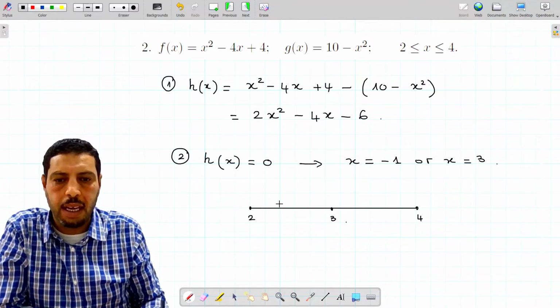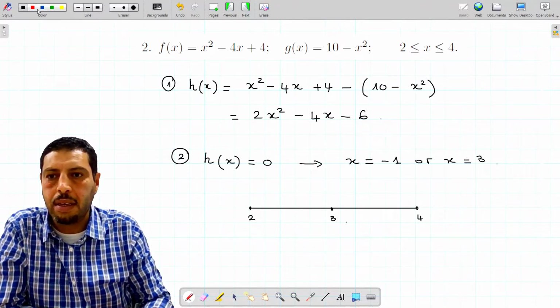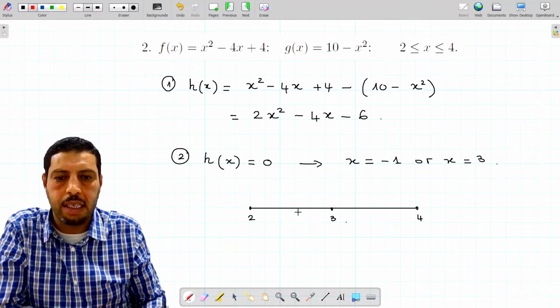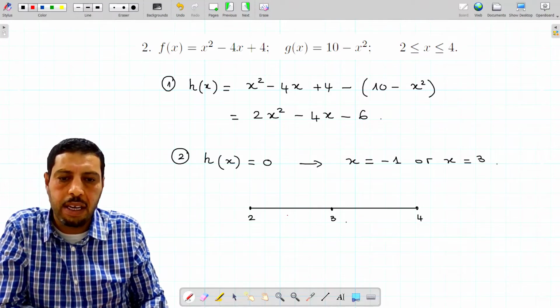Of course, you can take any test point. You can compute, for example, h of 2.5, h of 3.5. I will not put the details of the computation, but if you evaluate this function at 2.5 and 3.5, you will find a negative result here and a positive result here.